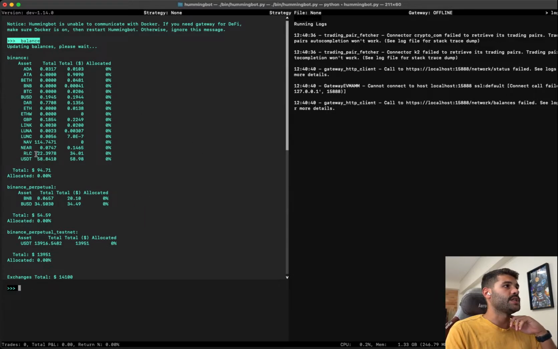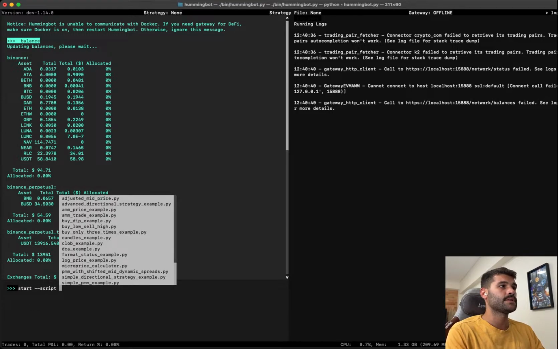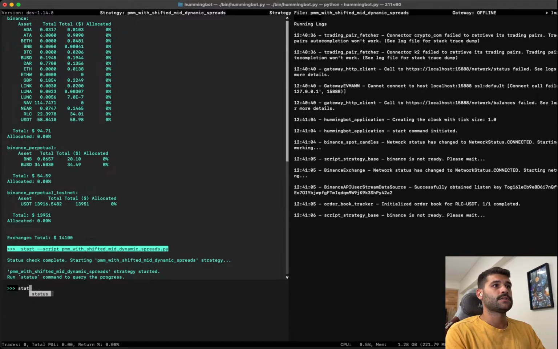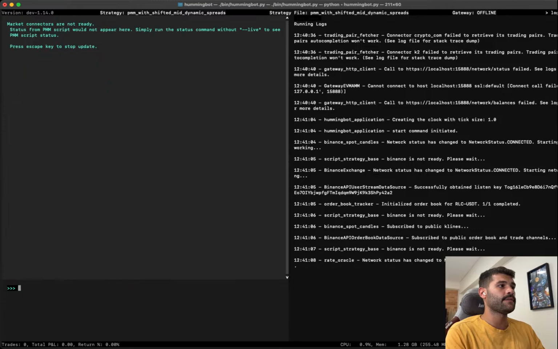I have here 22 RLC and 58 USDT. So the order amount is 7, so I can place 2 orders. We don't have to worry about that. I'm going to run the script now. So start script, and this will be PMM with shifted mid price and dynamic spreads. Status live.